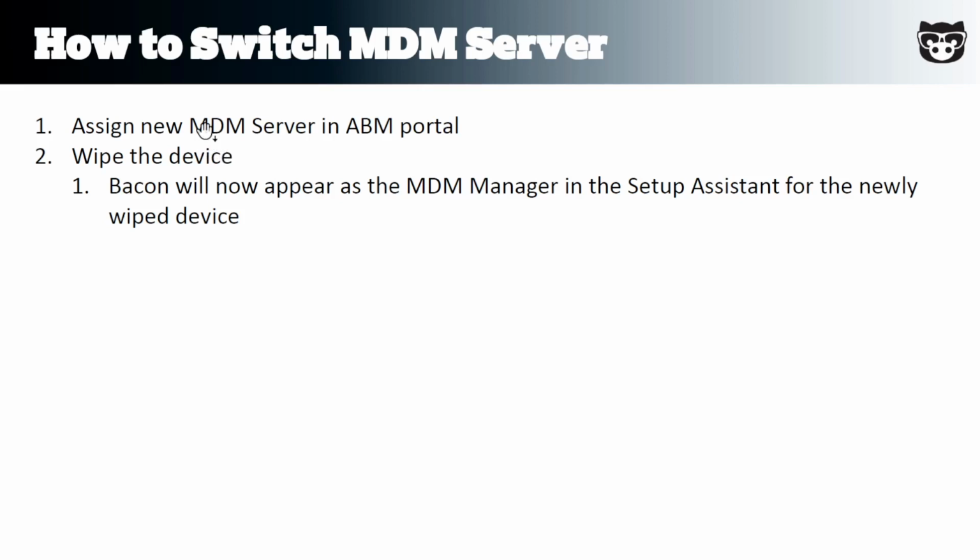Then, because you've already assigned it to the new Bacon MDM server in the ABM portal, once that device gets wiped, Bacon will now appear as the MDM manager and the setup assistant for the newly wiped device.